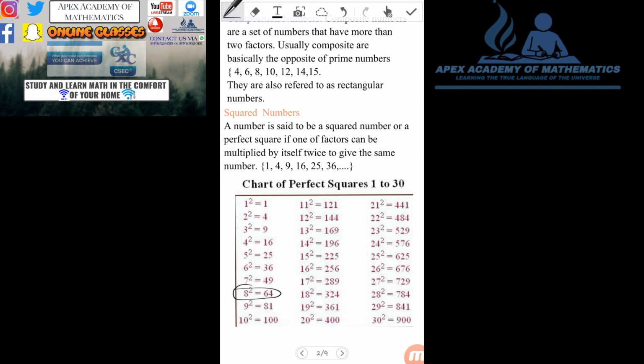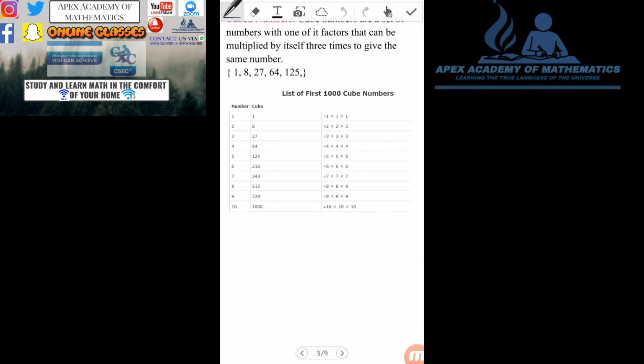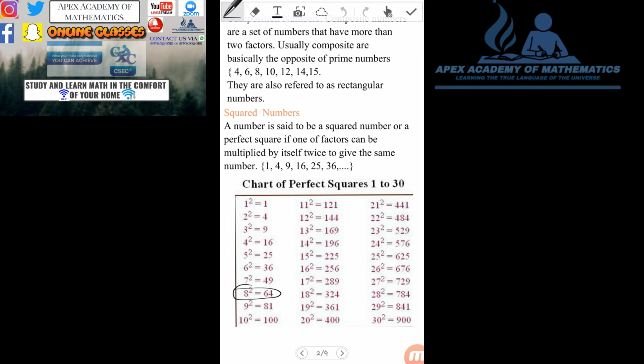That's 64, but if you go across to my chart over here, you're going to find that 4 cubed is 64 too. So there are numbers that are cubed that also have other factors that are squared. Yes, so you need to look out for numbers like that. There is a really good connection with these numbers.